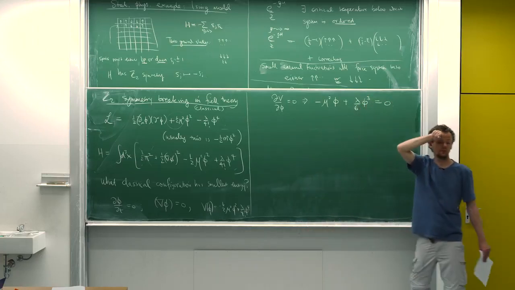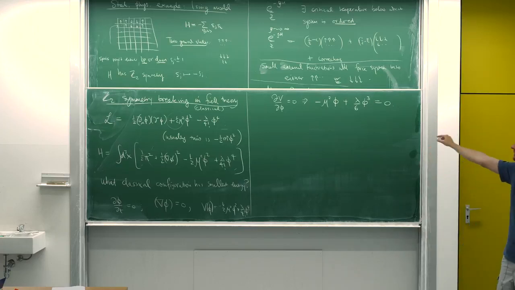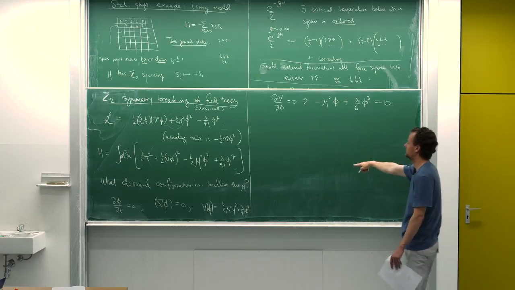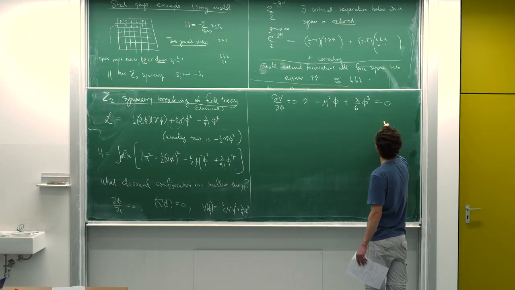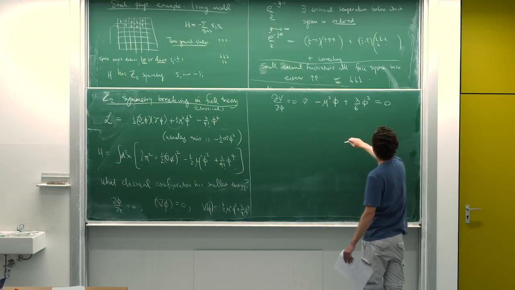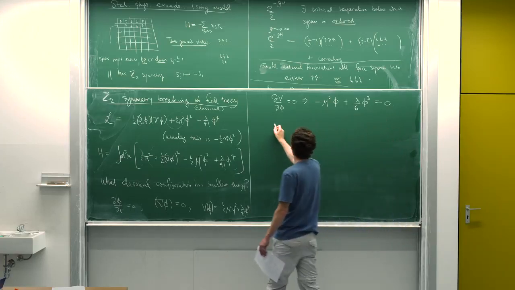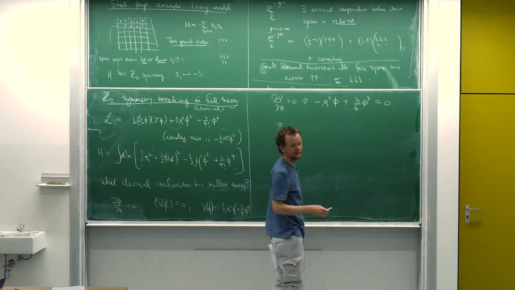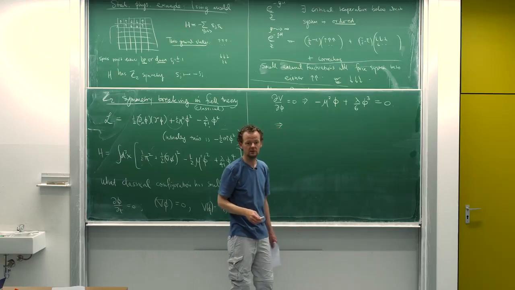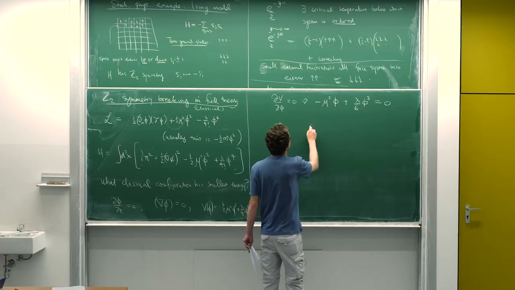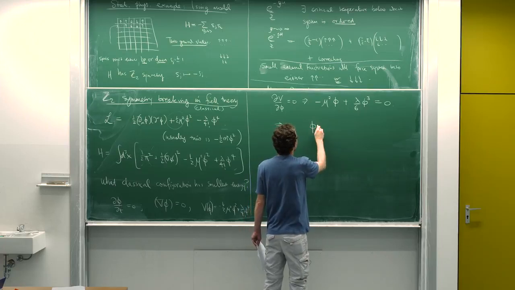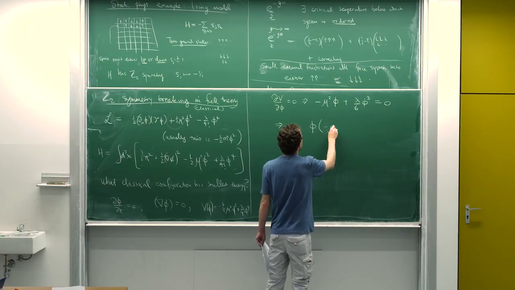So we have a condition for our classical field to be a minimum of this Hamilton functional. And it's this condition here. And this has 3 solutions. It's a cubic equation. Let's find those solutions. So factorize this equation here.